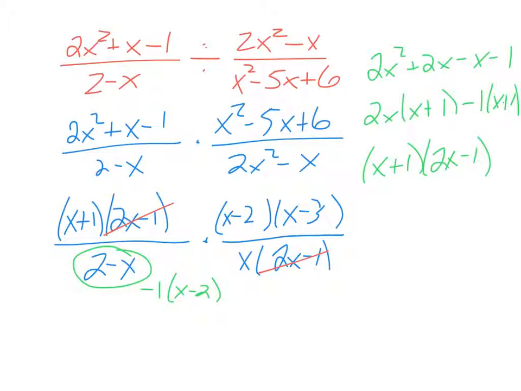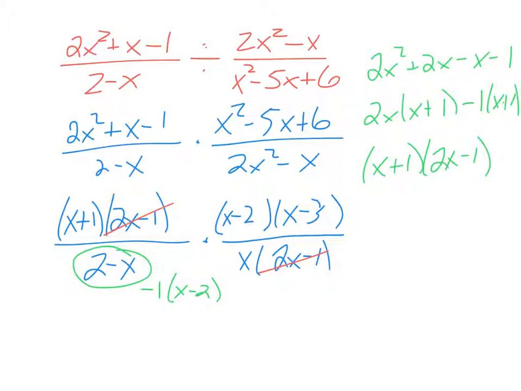Okay, and so if you ever see this situation where everything has the biggest term, the term with the biggest degree, first all the way around, except for this one, that's going to be pretty much a big hint for you that you're probably going to have to deal with this at some point. And so you could just do it right away. We could have done it right away and said this is a negative x minus 2 right here.